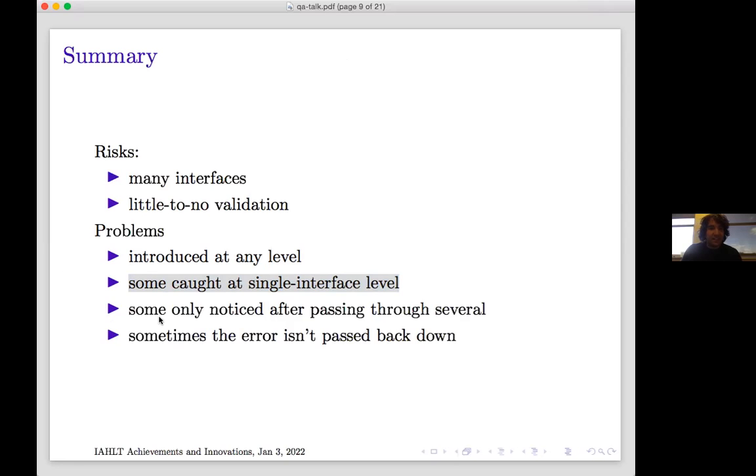And I try to fix them as quickly as I can. And the annotators complain immediately. Some of them are only noticed after passing through several of these layers, though. And sometimes the error isn't passed back down, or it's passed back incorrectly. And then you have annotators complaining that not only is the system not accepting their tree, but they don't know why. They don't even know what it is that they've done wrong.